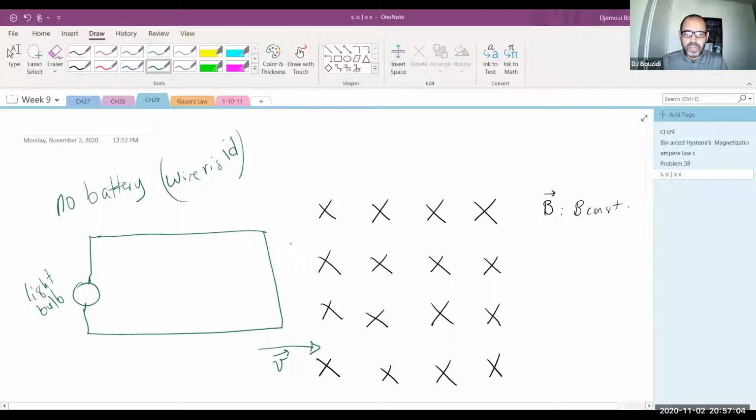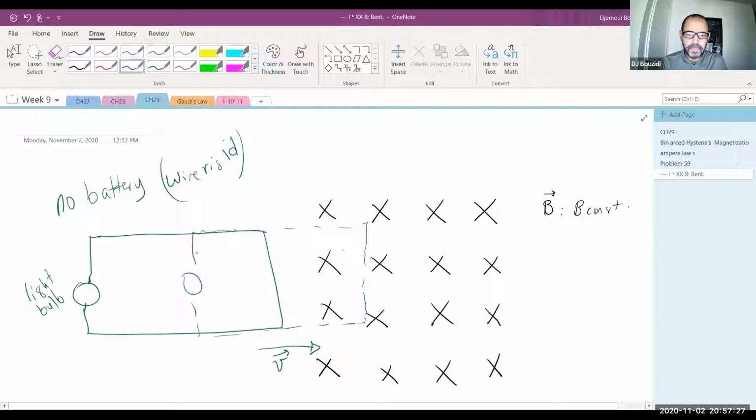What happens is, once the wire enters the region, once it's partially immersed, not fully immersed, this is how it's going to look. So this is the same wire. It has moved now so that part of it is inside and the other part is outside. Now the light bulb is somewhere in here.